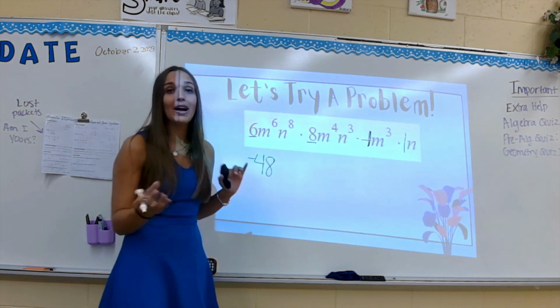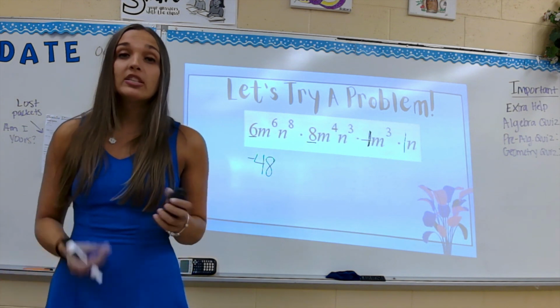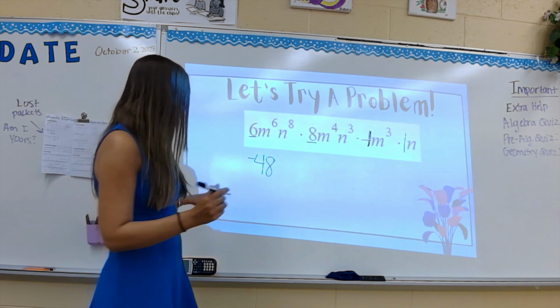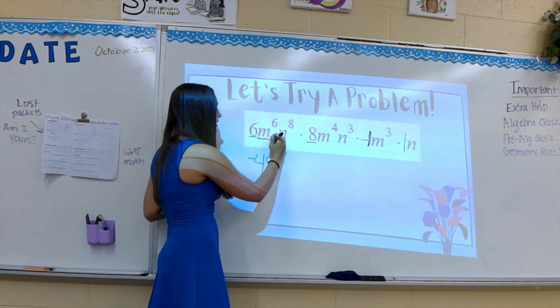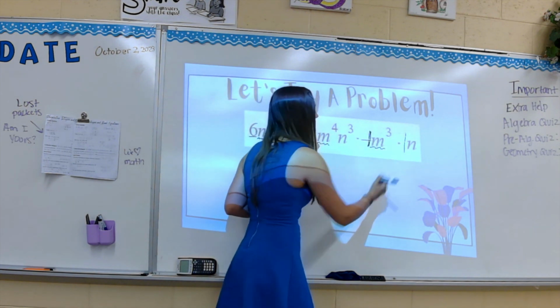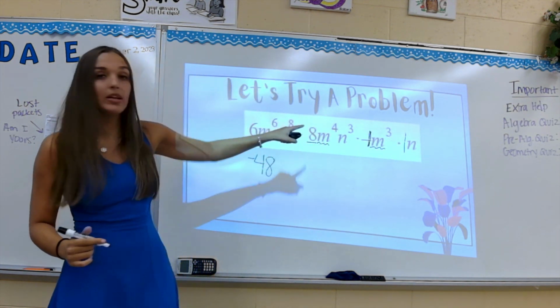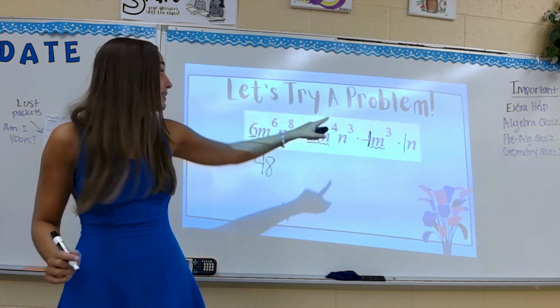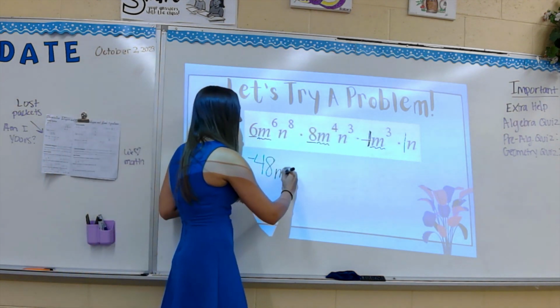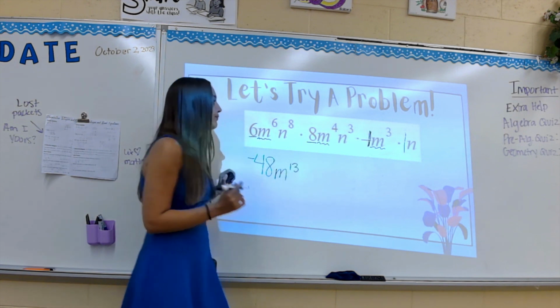Then I'm going to box off my variables to be able to combine their exponents, add their exponents together, the like ones. So I have m to the 6th, I have another m, and another m. So I have 6 plus 4, which is 10, plus that 3, and that term gives me 13. So m to the 13th power.